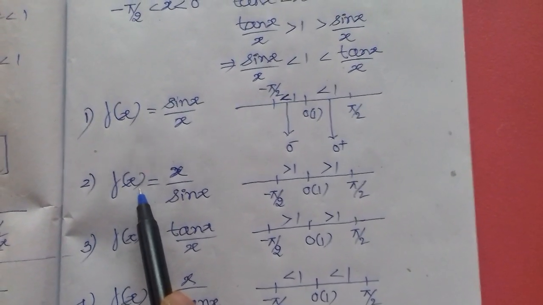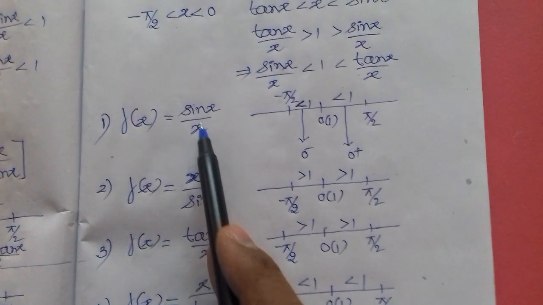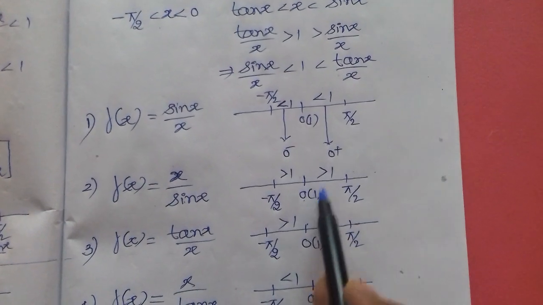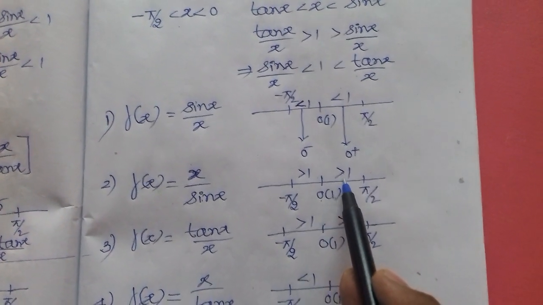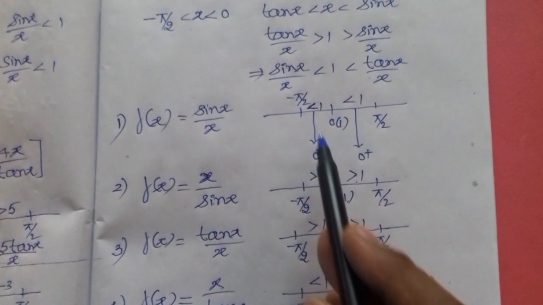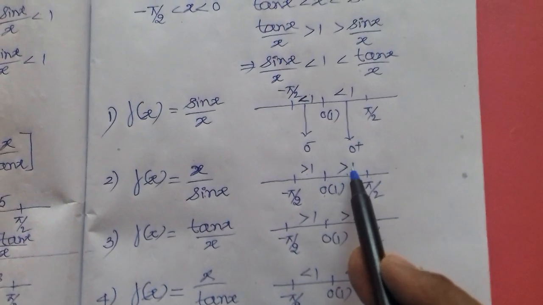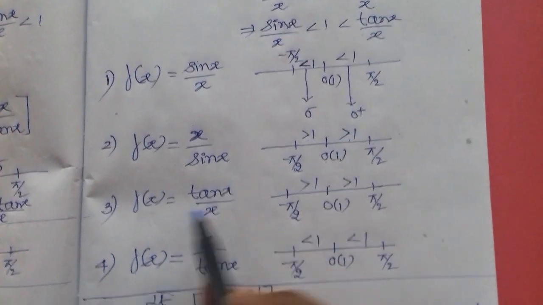Similarly, f of x equal to x by sin x, reciprocal of this. At 0 limit is 1. So here less than 1 means here it will be greater than 1. So in 0 to pi by 2, it is greater than 1. In minus pi by 2 to 0, greater than 1.